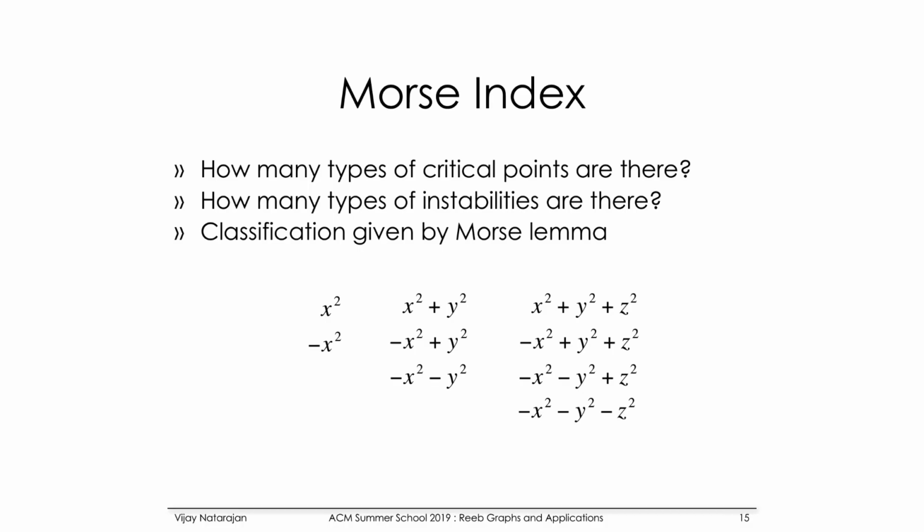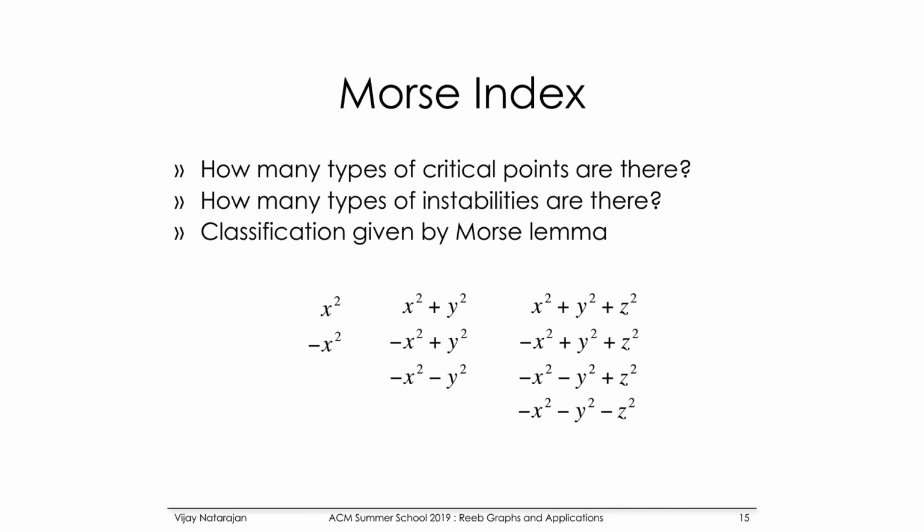So I now give a number to each type of criticality. This number is just counting the number of negative eigenvalues, the number of instabilities. So minimum is always 0. Maximum is always equal to the dimension of the space, so it's 1, 2, or 3 depending on the number of variables you have.